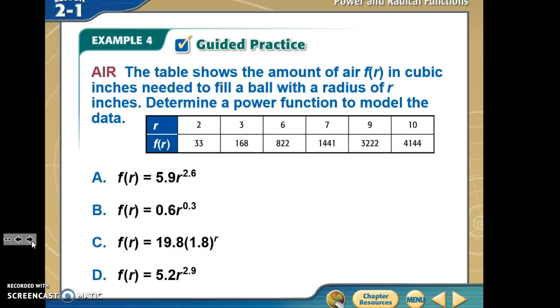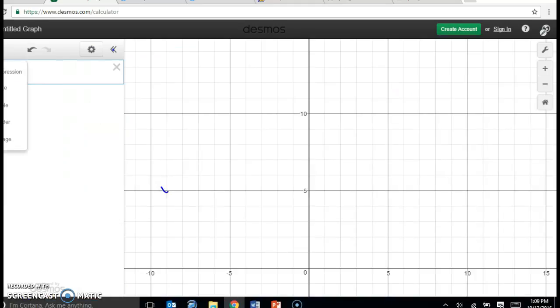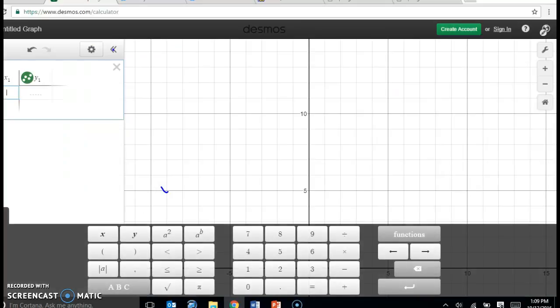We're going to do it on Desmos. So let's copy that down, and we're going to put it into Desmos. So you're going to insert a table. All right, we're going to insert a table, and then we're just going to put all that data in. 2, 3, 6, 7, 9, and 10.